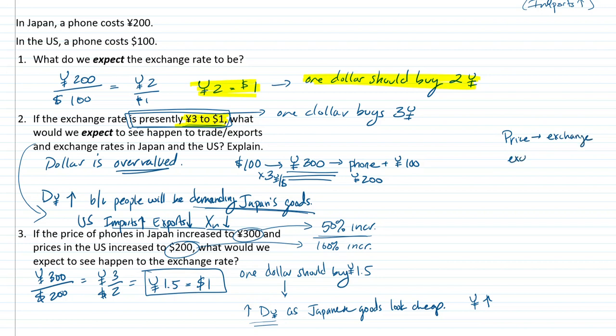Can you see how exchange rates affect purchases, net exports and trade, and how there's a bit of a cycle to that? Price affects exchange rate, the exchange rate affects trade, and that's really what purchasing power parity is showing us. So this is all just a little bit of depth to add to our understanding of net exports and how these things interact with each other.